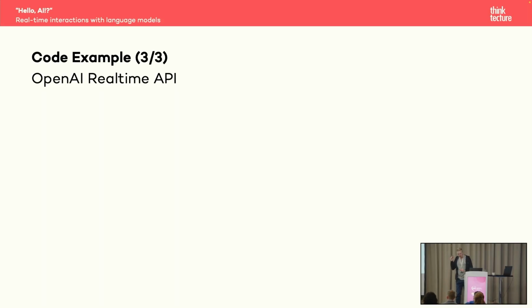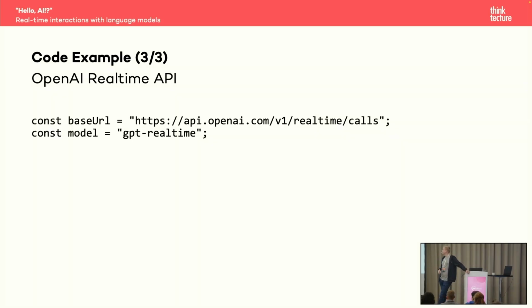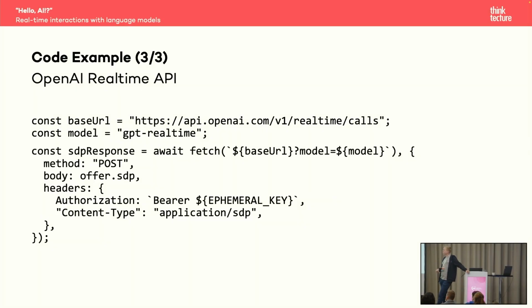And now we need to connect the WebRTC session to the OpenAI API. This is the last step, number 3. And therefore, we need to specify the OpenAI URL, which is this one here. We need to specify the model, GPT real-time, GPT mini real-time. Then we need, that's basically WebRTC internals now, SDP, I think it's session description protocol or something like this.